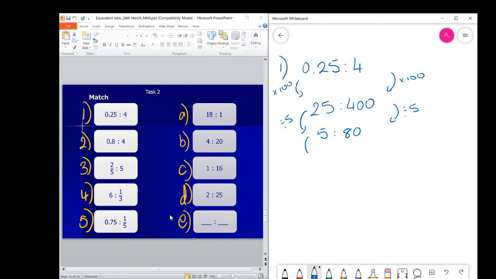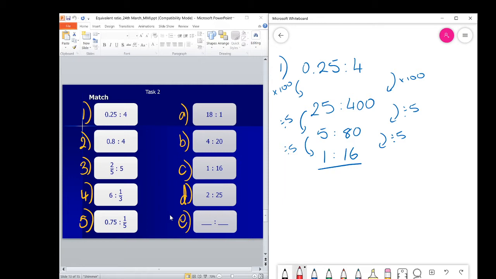They're still both multiples of 5, so I'm going to divide by 5 again. 5 into 5 goes once, and 80 divided by 5 is 16. So the ratio for that one turns into 1 to 16.